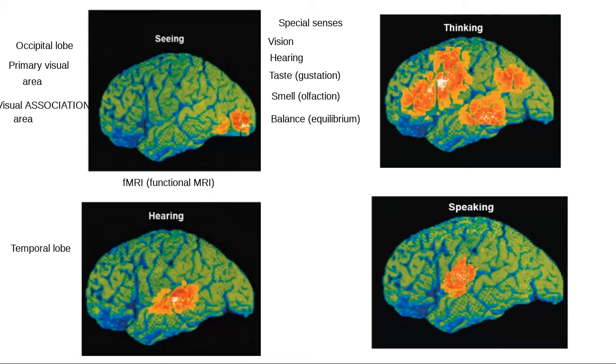Temporal lobe. So when we do the process of hearing, we send the sounds that are collected by our ears to the primary auditory area, or the primary auditory cortex, you might see it called.